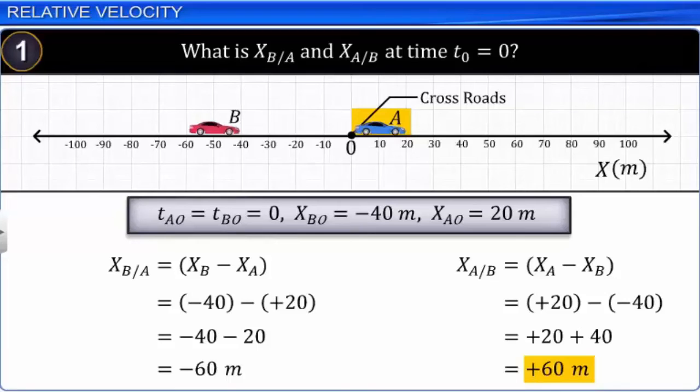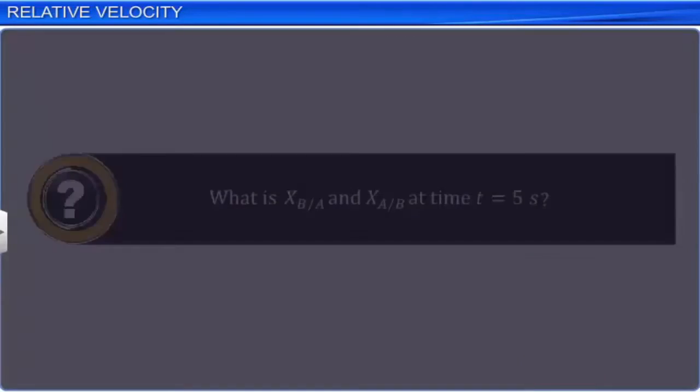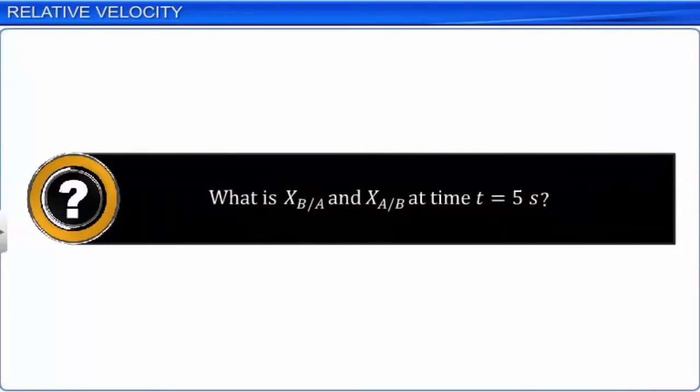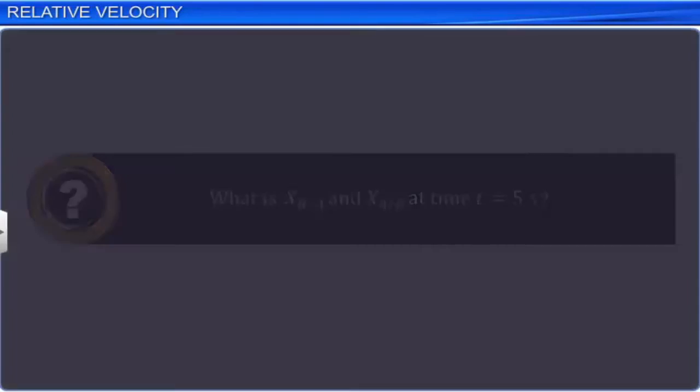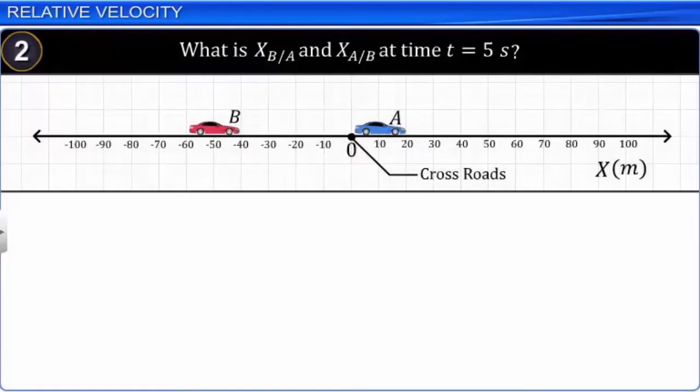2. What is xB by A and xA by B at time t equal to 5 seconds? Here, VA is equal to 10 meters per second. XAO is equal to plus 20 meters. TAO is 0 seconds and TA is equal to 5 seconds.